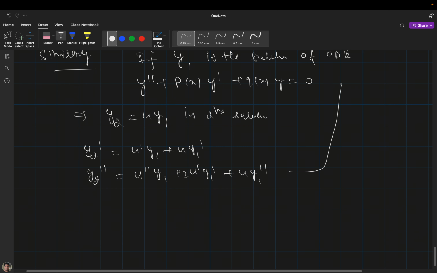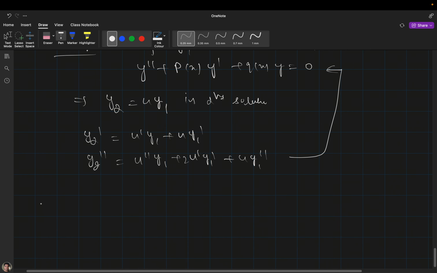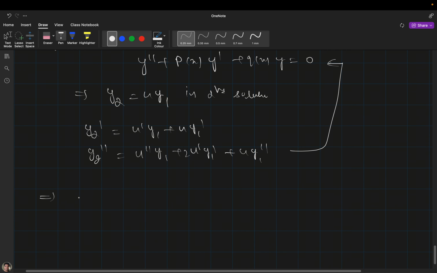Now you can plug this in, so you will get u double dash y1 plus u dash times (2 y1 dash plus p y1) plus u times (y1 double dash plus p y1 dash plus q y1) equal to 0.